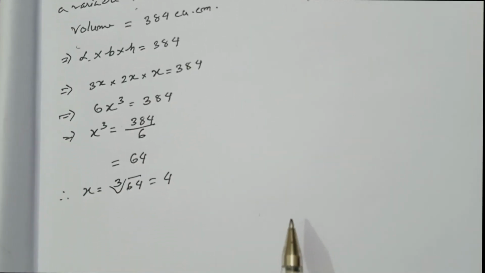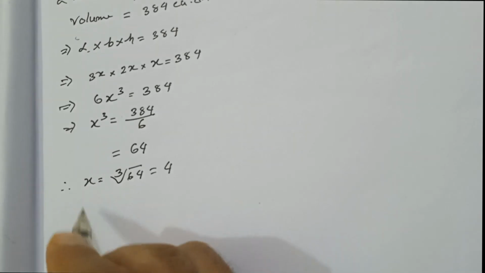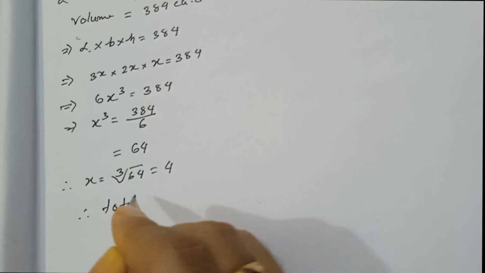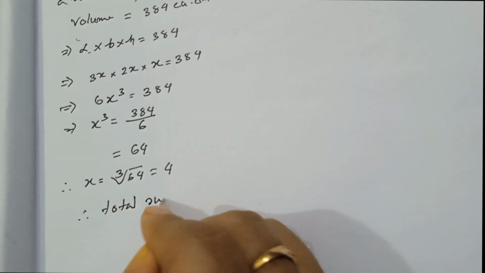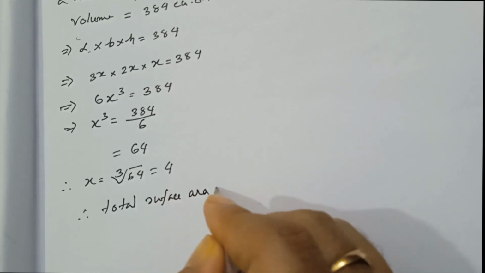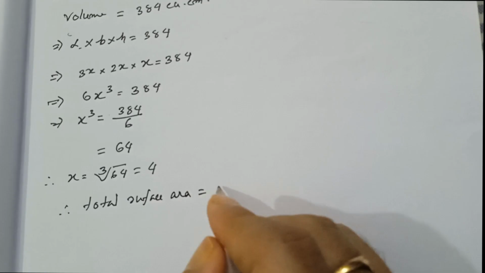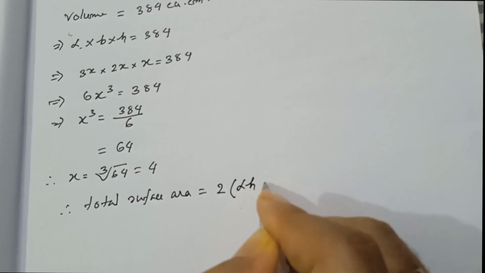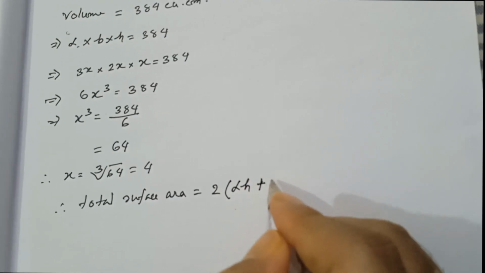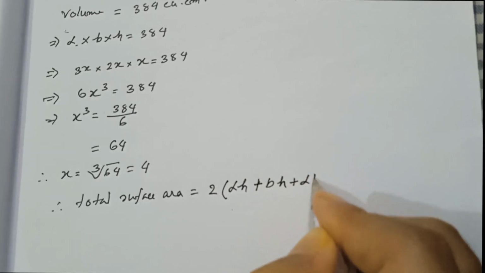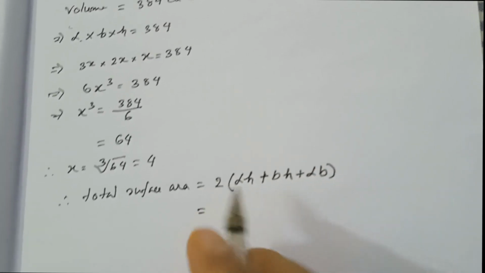Hence, do you know the formula for total surface area? It is 2 into length into height plus breadth into height plus length into breadth. This is the formula, you have to remember this.